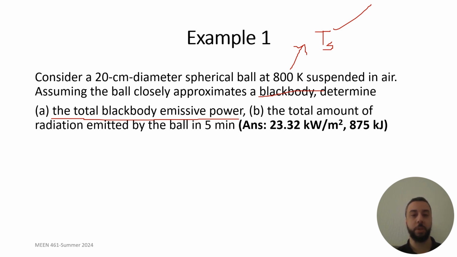So we can use the equations, which I'll show in a bit. We also have the diameter. This gives us the surface area. And it says the total amount of radiation emitted by the ball in 5 minutes. We have this delta t. So we should have everything that we need to be able to calculate parts A and B.